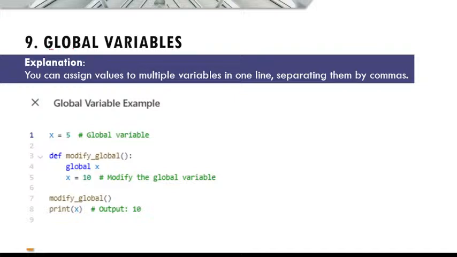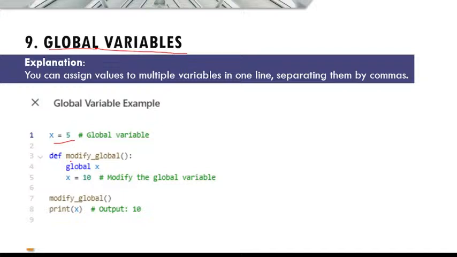Global variables. Explanation: you can assign values to multiple variables in one line, separating them by commas. Global variable example: x is equal to 5, a global variable, then modify global, x is equal to 10, modifies the global variable. So x is equal to 5, which is a variable.